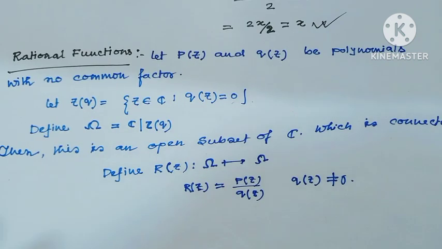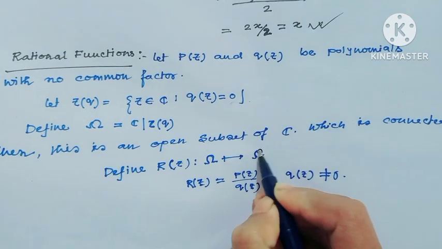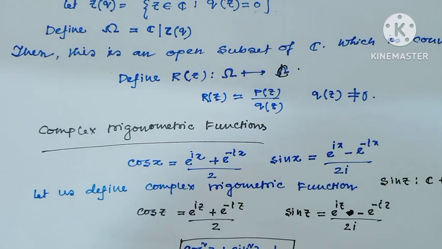Now define a rational function, denoted R(z), from gamma to C such that R(z) equals p(z) over q(z), where q(z) is not equal to 0. In complex analysis, since here all functions are complex, rational means p(z) over q(z).